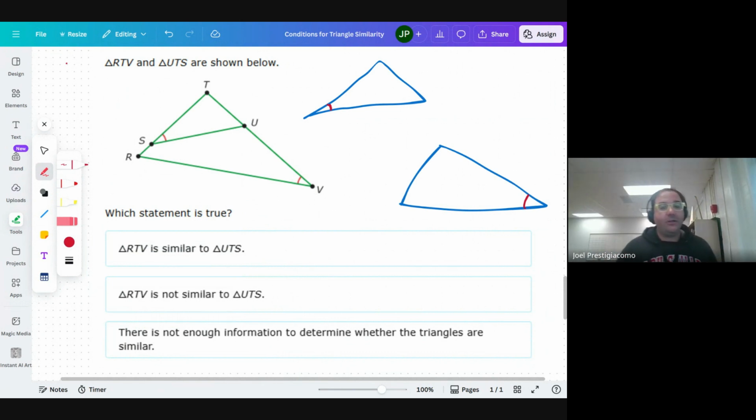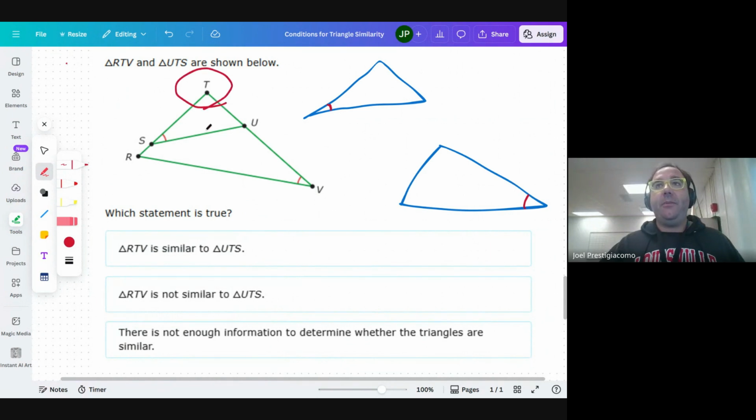Now what I need to do is figure out, is there another angle that is the same between them? I'll just get straight to the chase. If I look up here, angle T is not only a part of the small triangle, but it's also a part of the big triangle too.